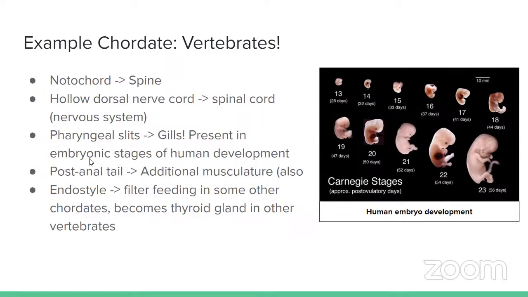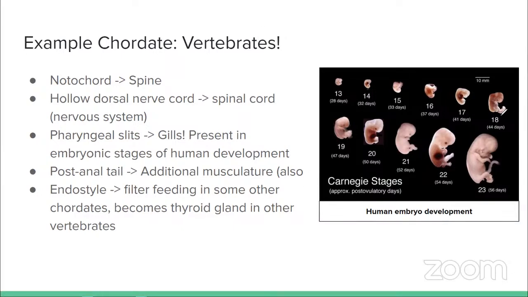The post-anal tail, also what, I don't know. Right, the post-anal tail becomes additional musculature, and that's better as an example in fish. I think that was supposed to be covered over there as well. We can see that tail here in these stages of human embryo development. Early on we have a tail that we gradually lose.